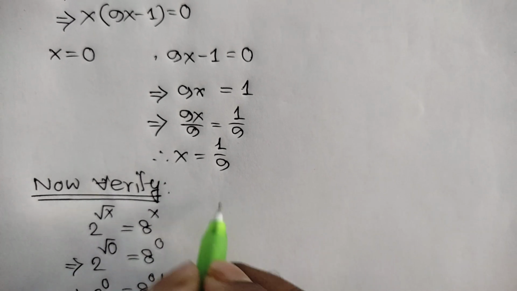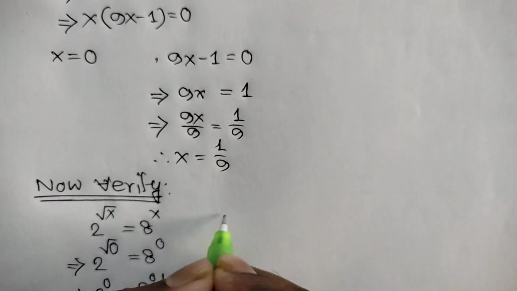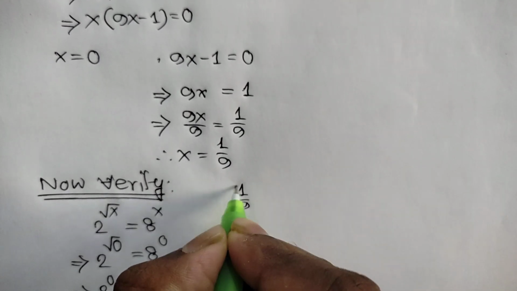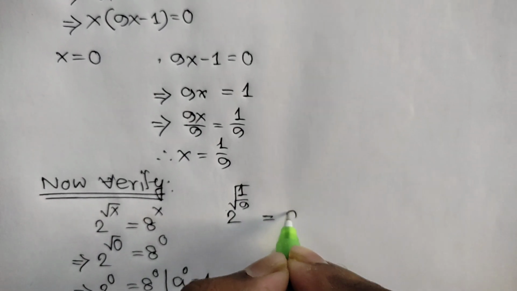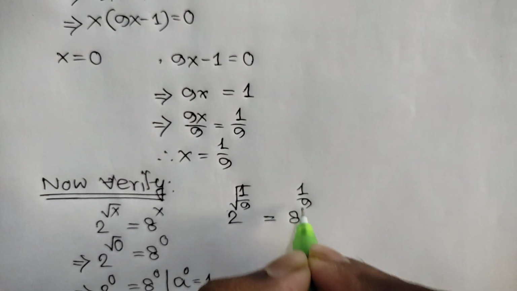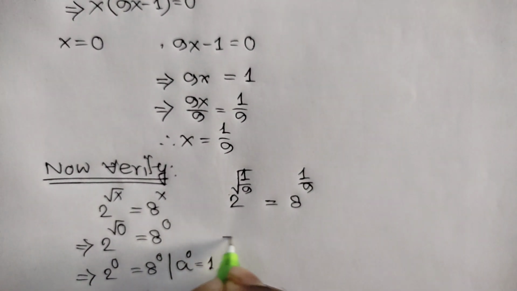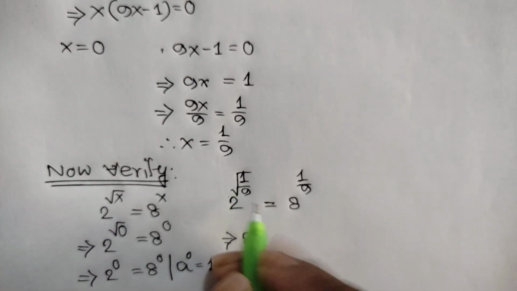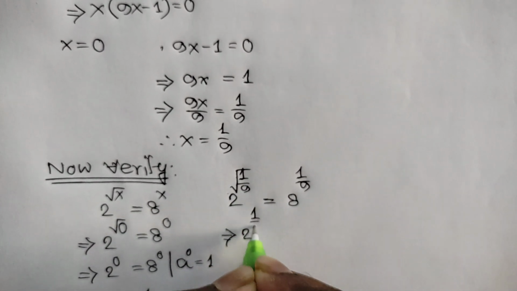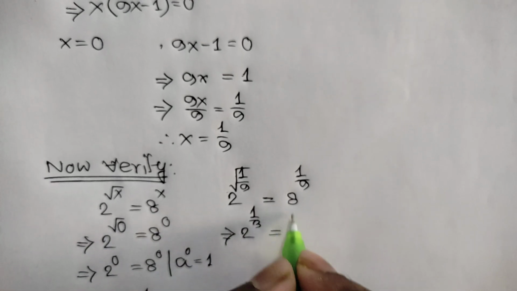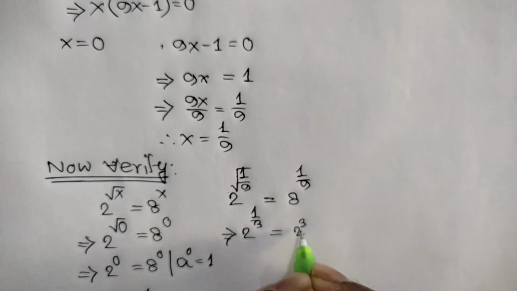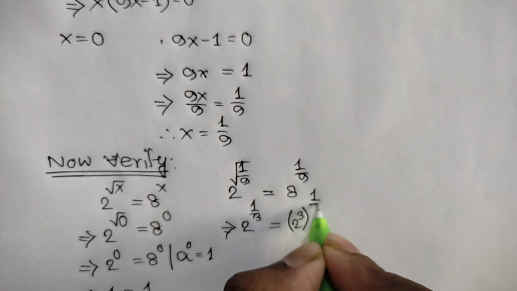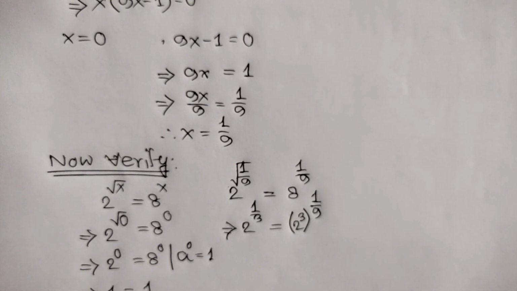Now when x is equal to 1 over 9, then 2 to the power square root of 1 over 9 is equal to 8 to the power 1 over 9. Here square root of 1 over 9, that means 1 over 3, is equal to, here we can write 2 to the power 3, because 2 to the power 3 is the same as 8, whole power 1 over 9.